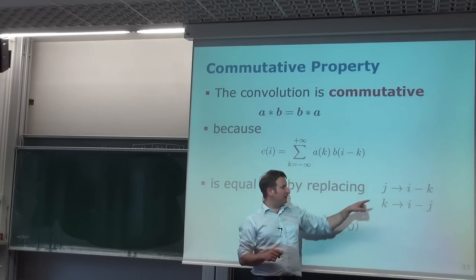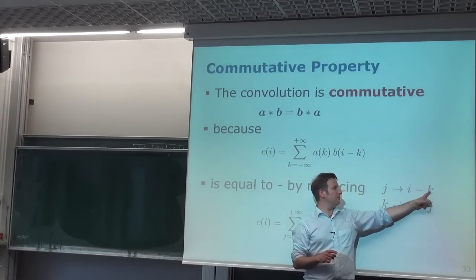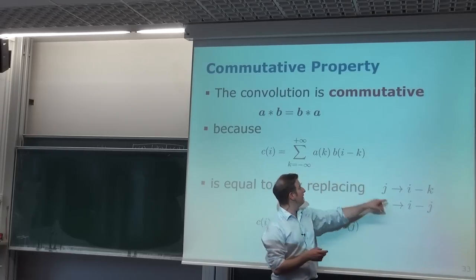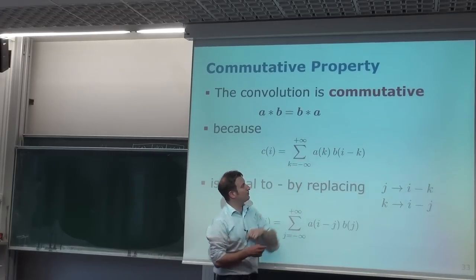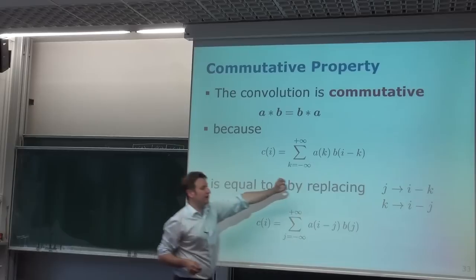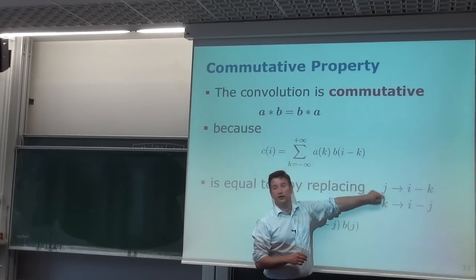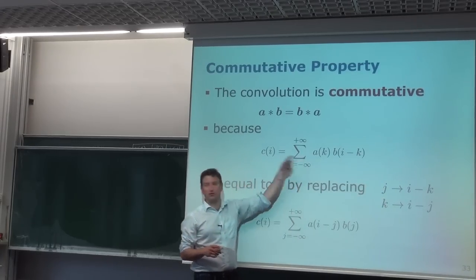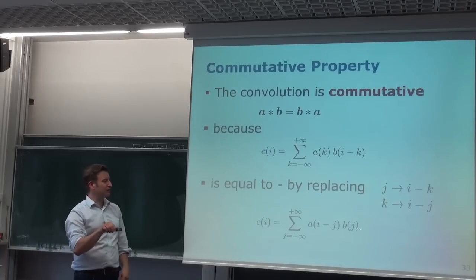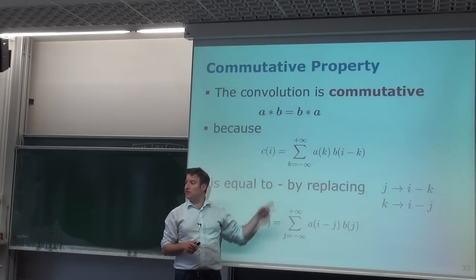If this is the case, we can also say that k equals i minus j, by taking this equation and rearranging, and then we replace the k's in our equation by i minus j. It's simply introducing a new variable and then doing two replacements, pattern matching and replacing in the original function. Then we end up with this function down here, which is equivalent to the equation up here.